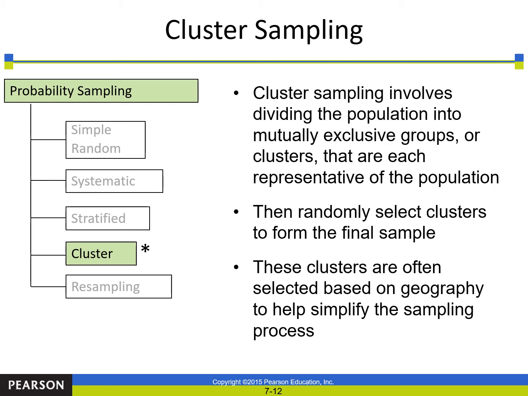So let's say you can split a population in 40 clusters, then randomly select 3 of them. Okay, these clusters are often selected based on geography to just kind of help simplify the sampling process. And again, to view a more visual representation of this method, please watch the video that I created separately for this particular topic.